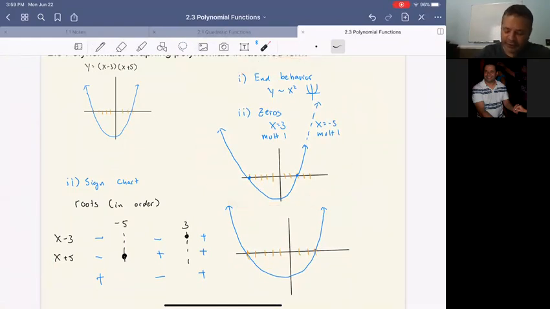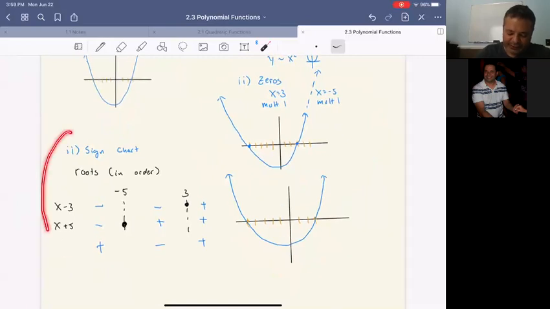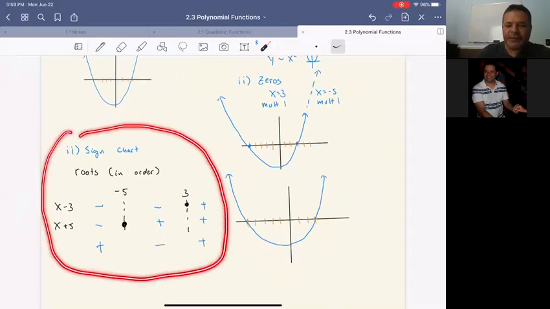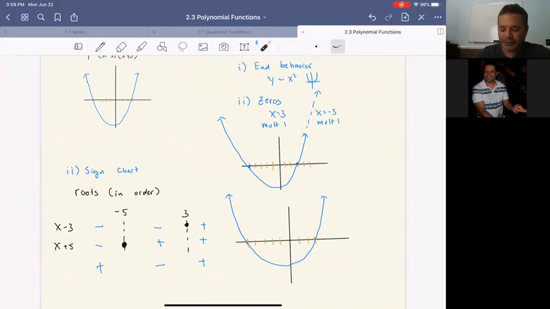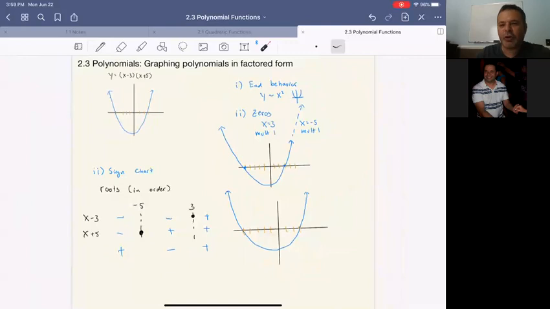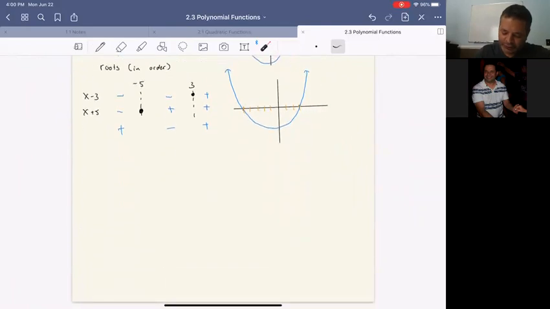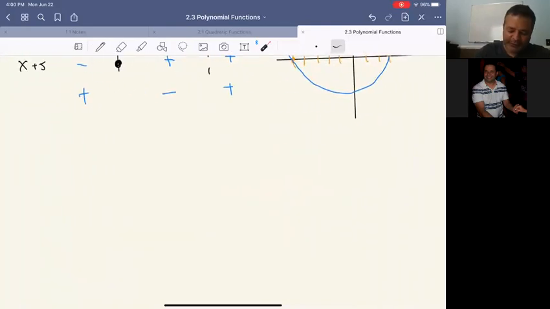For a lot of things, for example inequalities that we're going to do later on, the sign chart doesn't require you to graph things. You can just do the sign chart and understand what's going on. So there are benefits to both. I would suggest trying both to see how they work out for you. Let's do a problem. We're going to do it both ways.